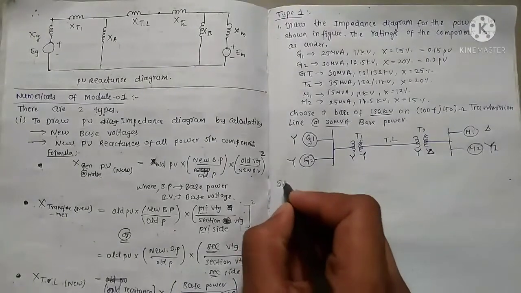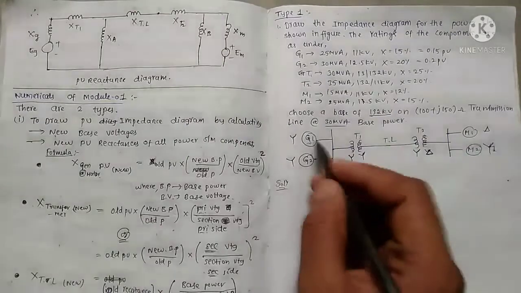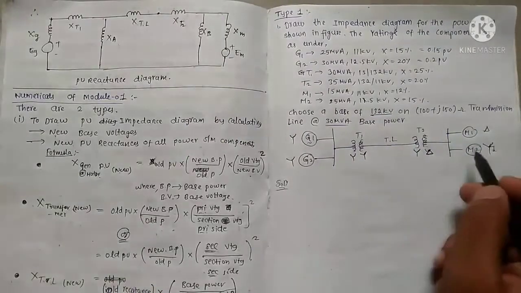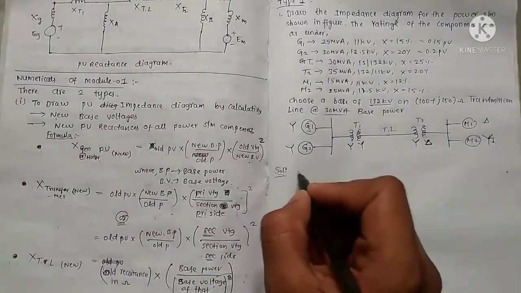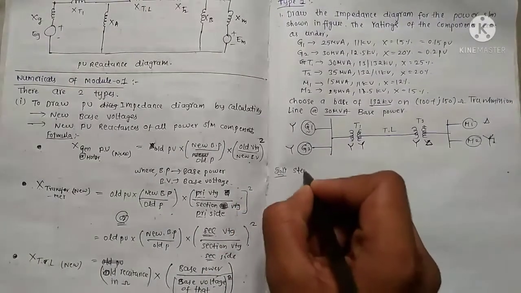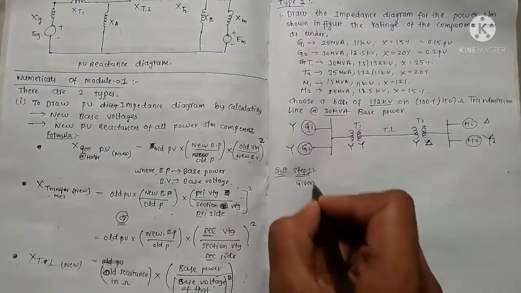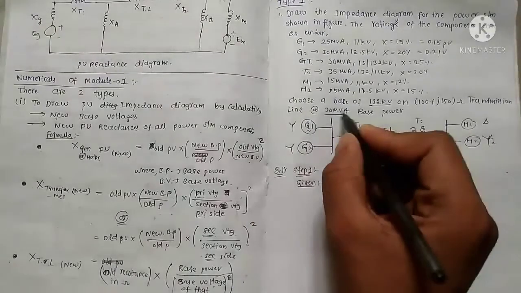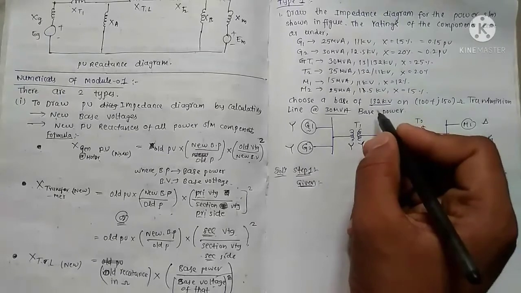Solution. Let us go to the solution. They have given one line diagram: generators G1, G2, T1, T2, the transmission line, and M1, M2. In step 1, we have to choose the base values. Sometimes these base values are not given; I will explain in another video how to take the base values.